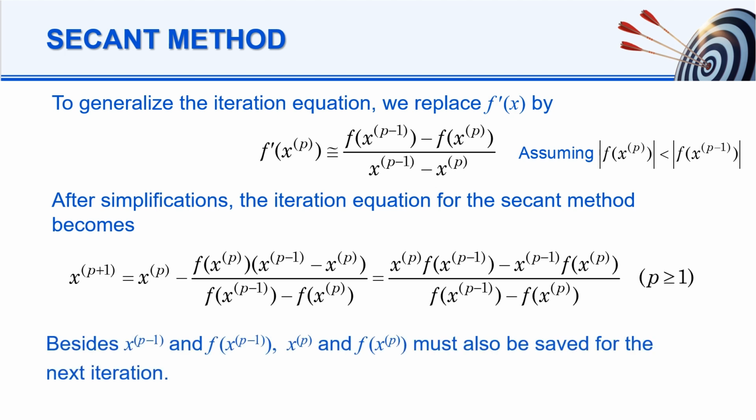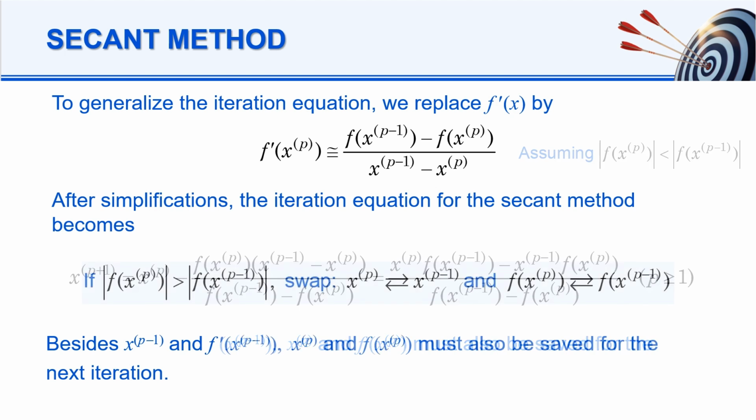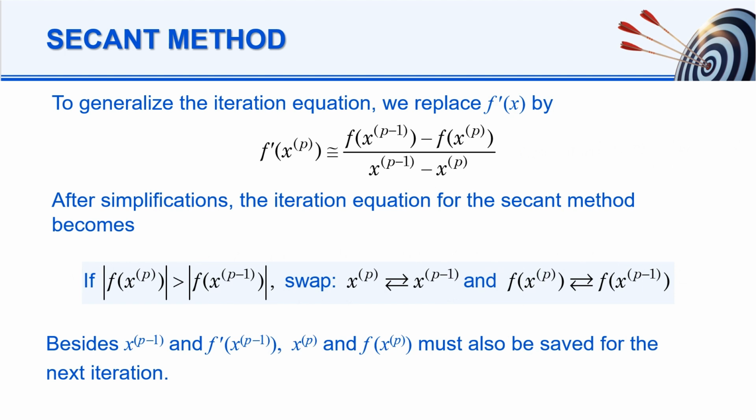However, as the iterations progress, xp and fxp must also be saved for the next iteration besides xp minus 1 and fxp minus 1. In this algorithm, we propose to swap the two estimates and the corresponding ordinates if the magnitude of fxp is greater than fxp minus 1.